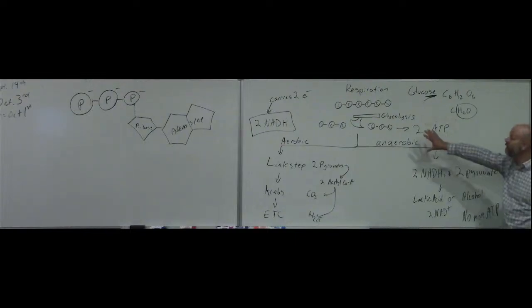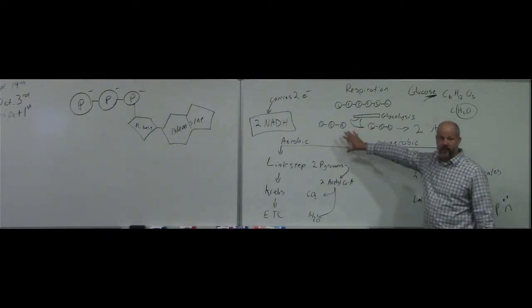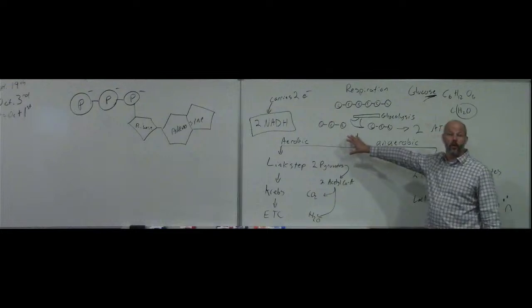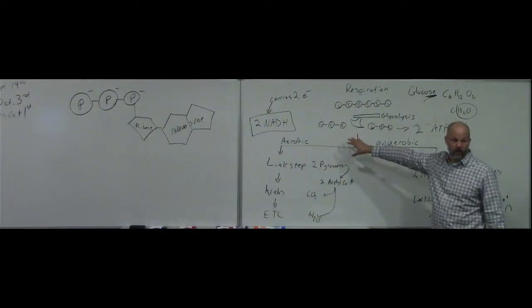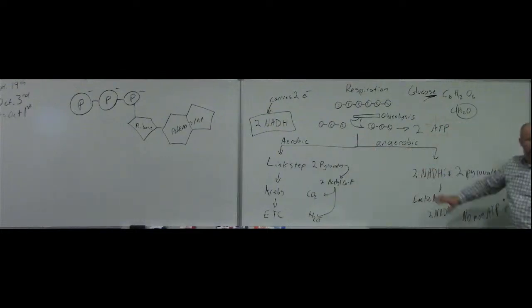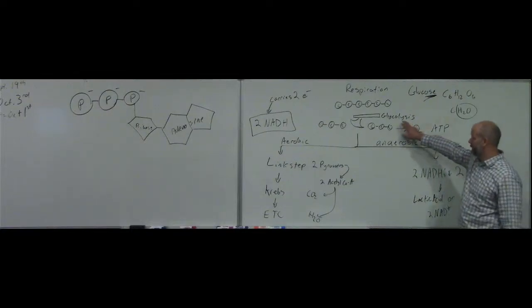So everybody does this, but prokaryotes, with no membrane-bound organelles, can only do this. Things that live in environments with no oxygen can only do this. That's their only option.